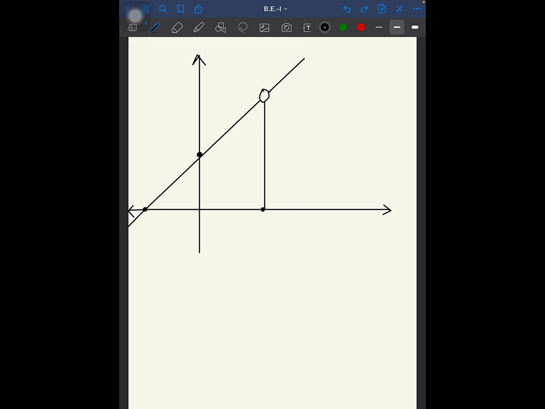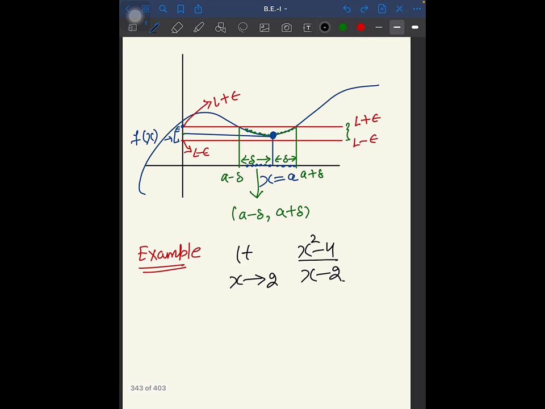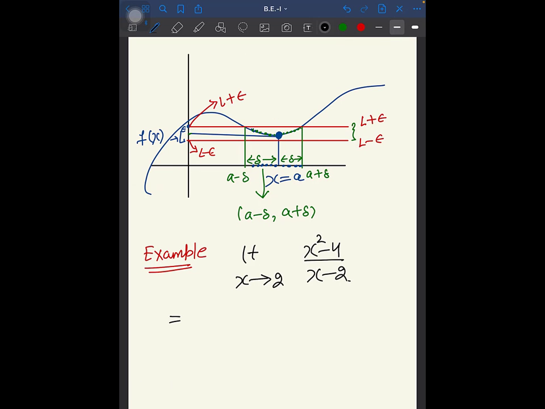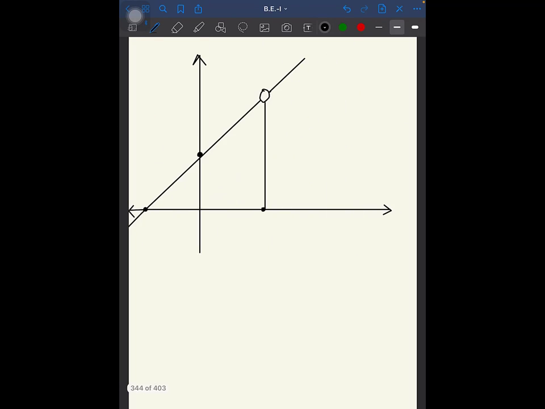Now we know that the limit of the function is 4 over here, right? We usually solve it like this, as we have done. This is 4. So in this case your L is 4, right? So this is your L over here.